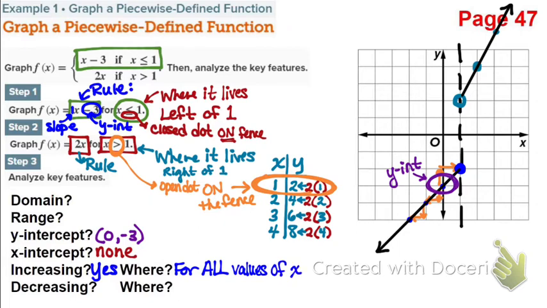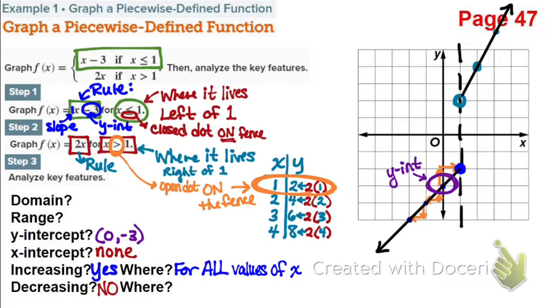Or we could say all real numbers. That would work too. Did my finger ever go down? So is it decreasing at all anywhere? No. So where it said decreasing, I'd say nope. And if it's not decreasing, then I don't need to describe where it's doing that at, because it's not happening.